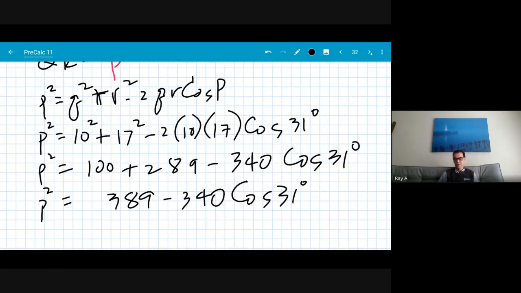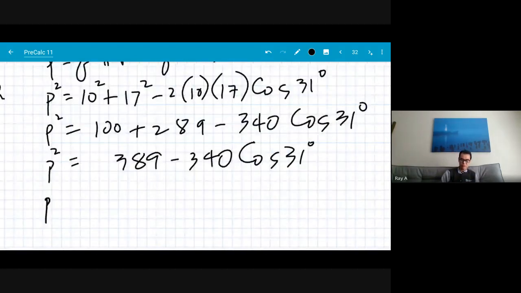Now, please do not subtract 340 from 389. You don't do that. What you need to do is get cosine 31 degrees and then multiply it by 340.